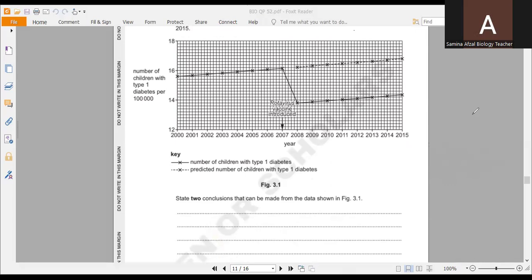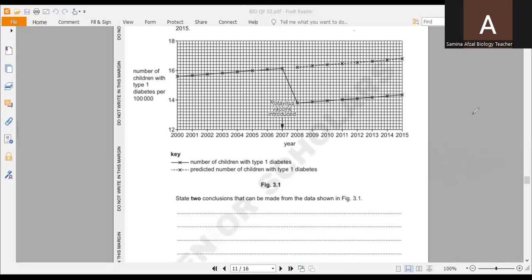So this graph shows the number of children with type 1 diabetes, the plain straight line, and the other dotted line shows the predicted number of children with type 1 diabetes.